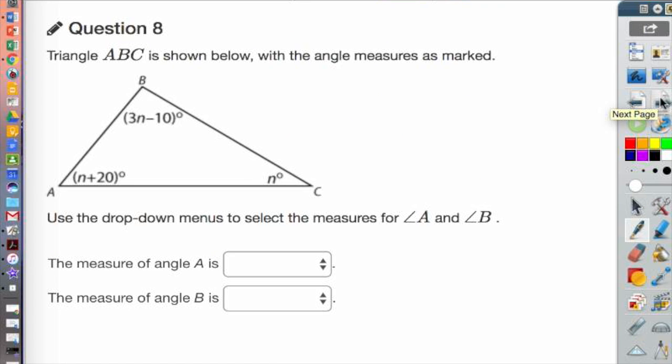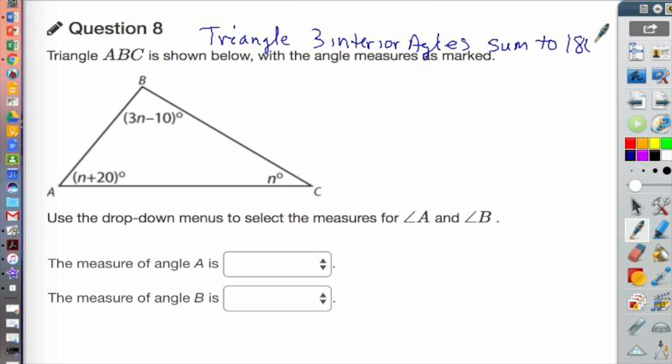Question 8 is the easiest question on the test. We know that a triangle has 3 interior angles, and they have to sum or add up to 180 degrees.